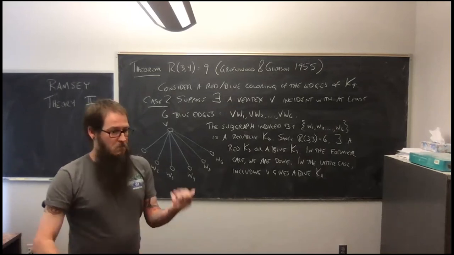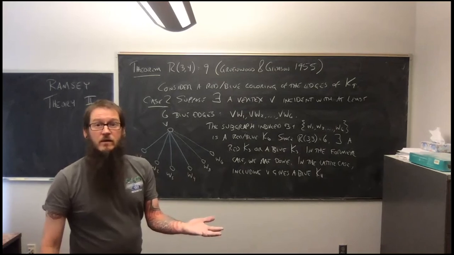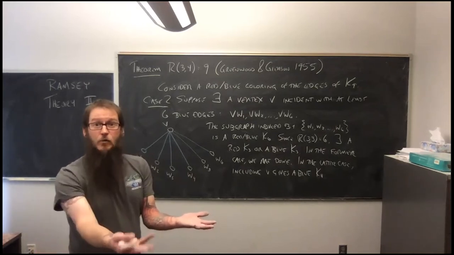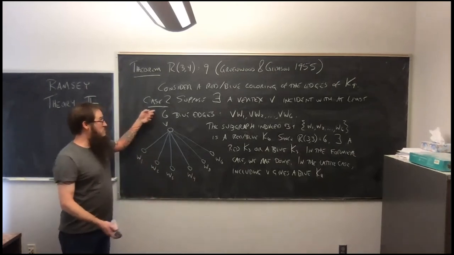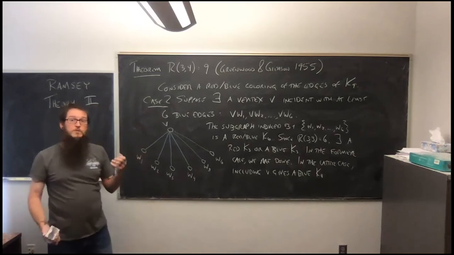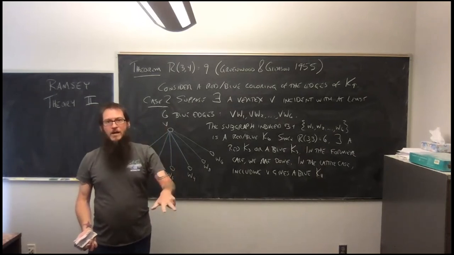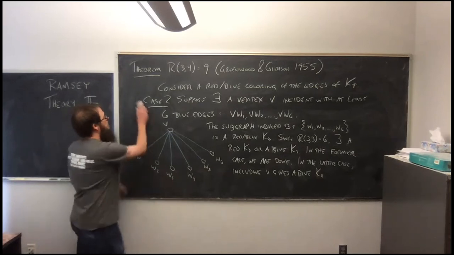So if there's at most 3 reds, that's going to give us at least 5 blues. And so the only case that we've missed at this point is the very specific case where every single vertex is incident with exactly 3 red edges and 5 blue edges. So let's take care of that one.